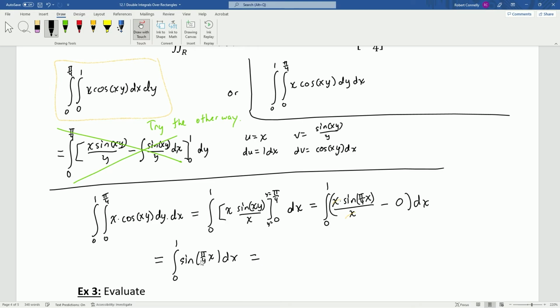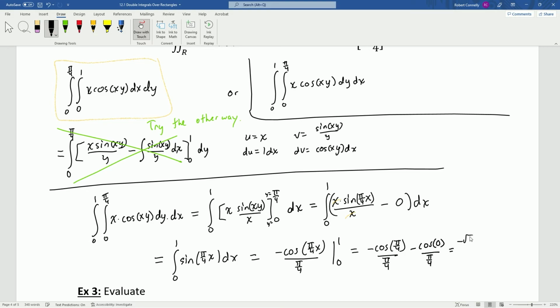Now again, this would require a substitution rule, but it's easy enough. So we get negative cosine of pi over 4x divided by that constant, pi over 4, and evaluated from 0 to 1. So this becomes negative cosine of pi over 4 over pi over 4 minus negative cosine of 0 over pi over 4.